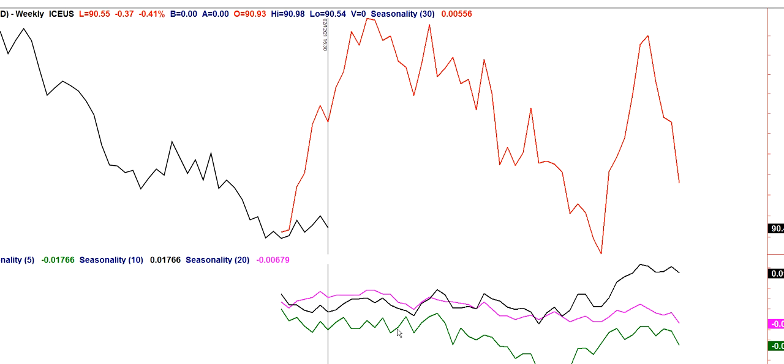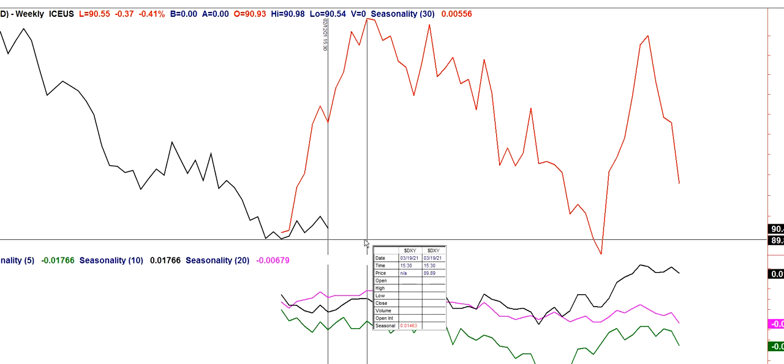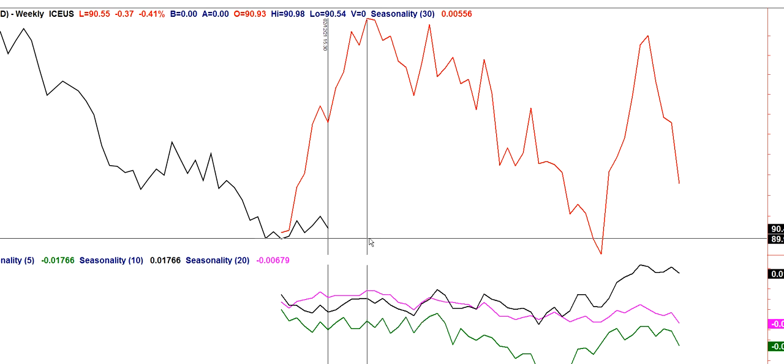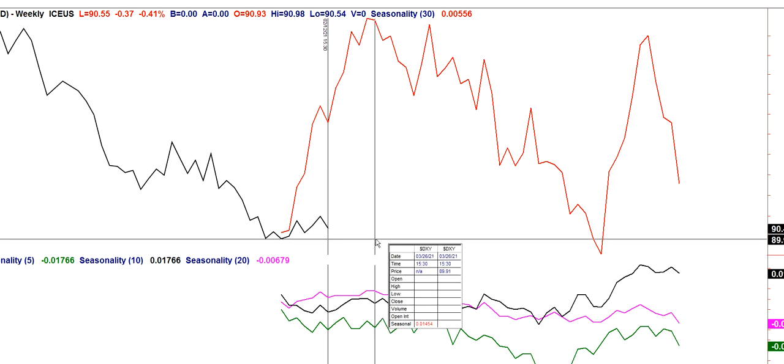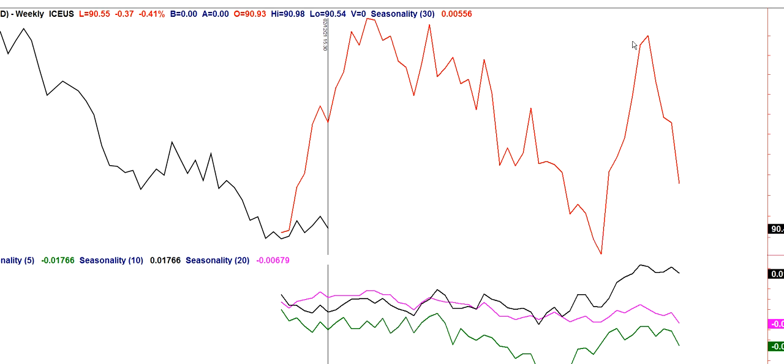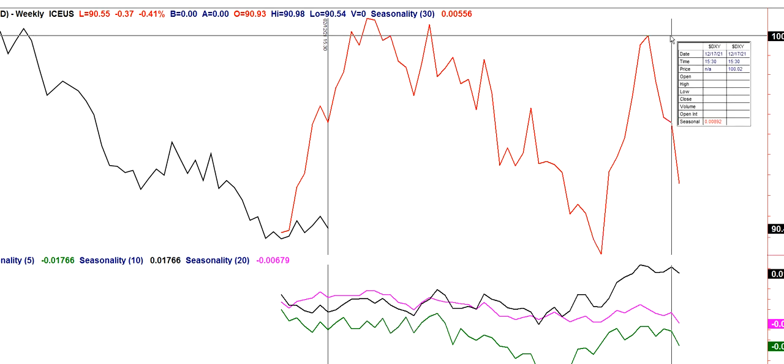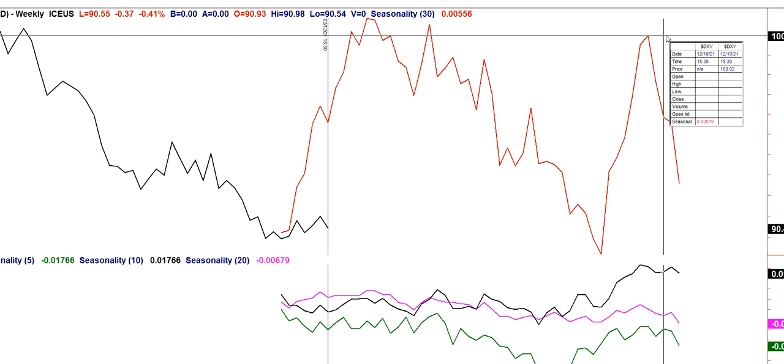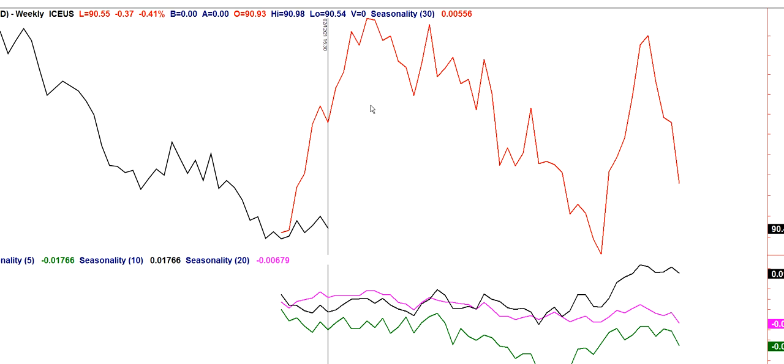Down here you've got green 5, black is 10, and magenta is 20. And the dollar over all those look-back periods does tend to trade higher through March 19th. Essentially, it tends to trade higher through the vernal equinox, which then you tend to have a bigger pivot.